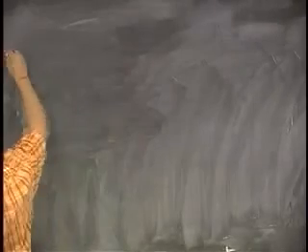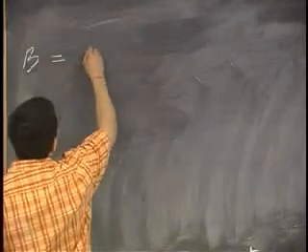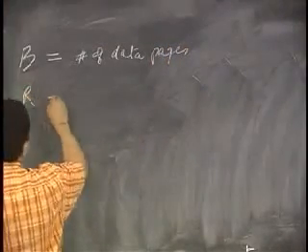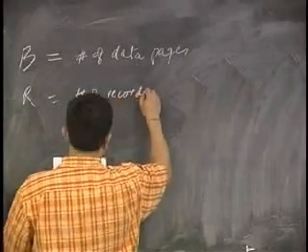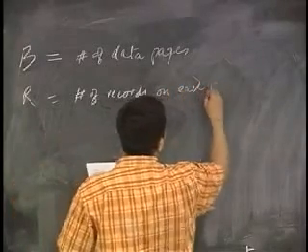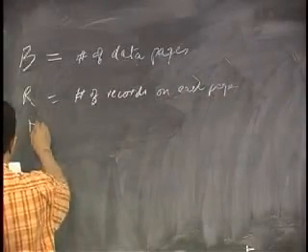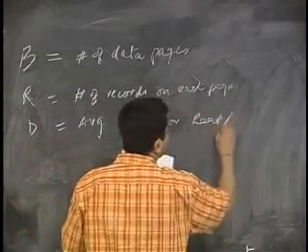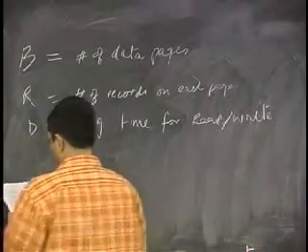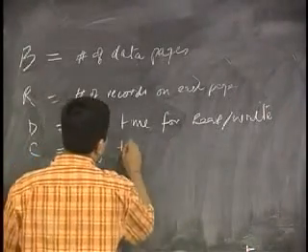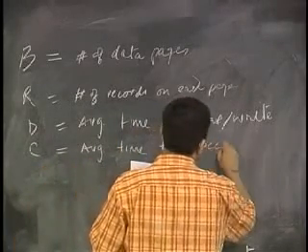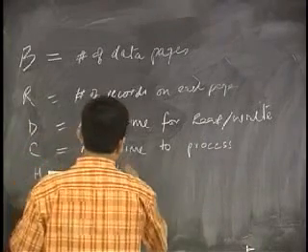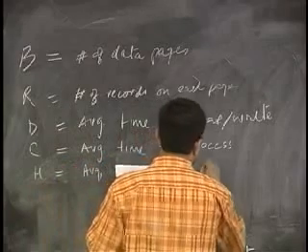Okay, so now the cost model that is being used: B is the number of data pages, R is the number of records on each page, and C is the average time to process a record.